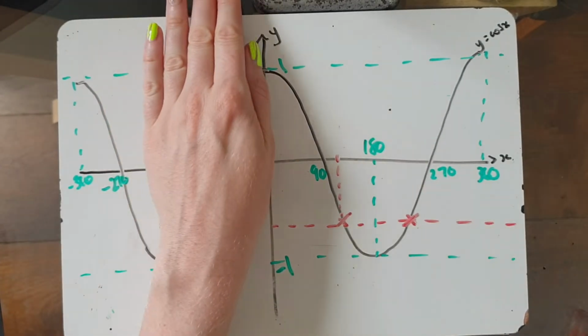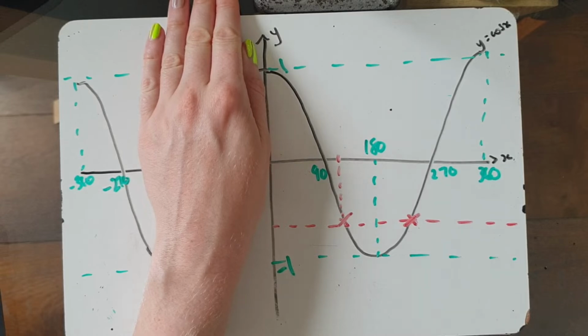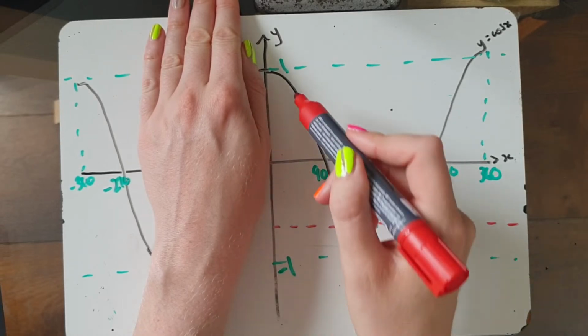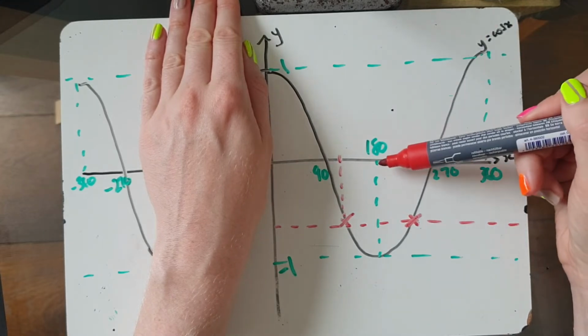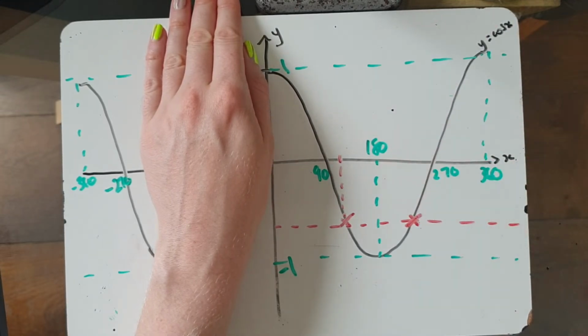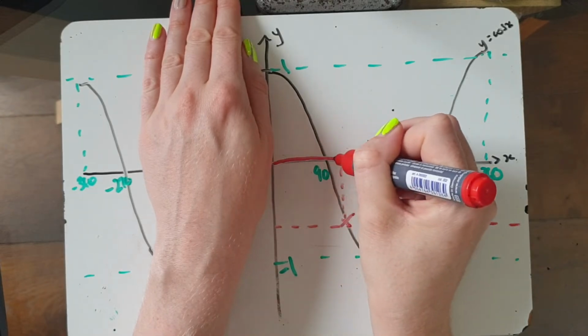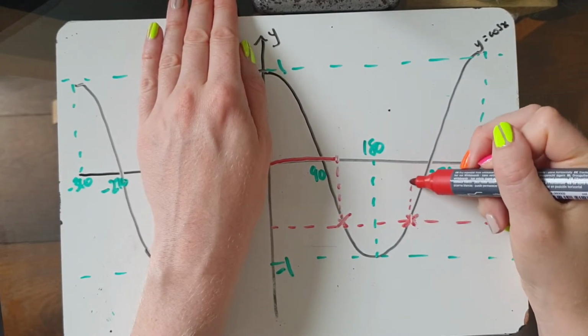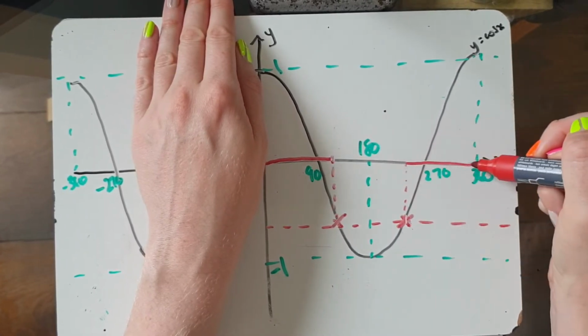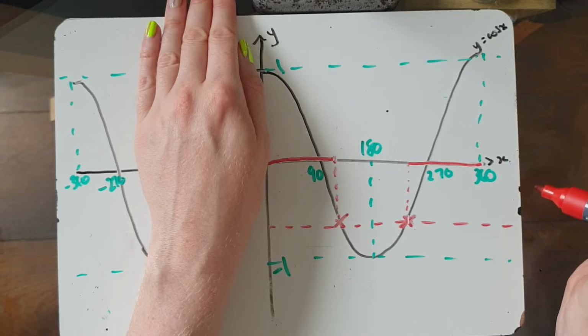If we just look at the part of the graph that is in the positive x-axis, you can see it is completely symmetrical about 180. So, given that this gap is 105 point something, this gap here should be 105 point something.